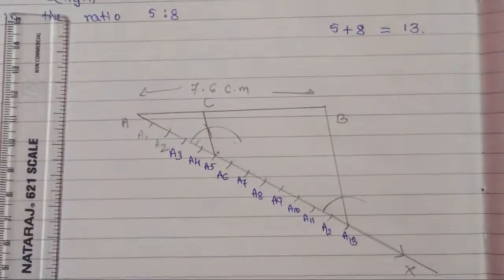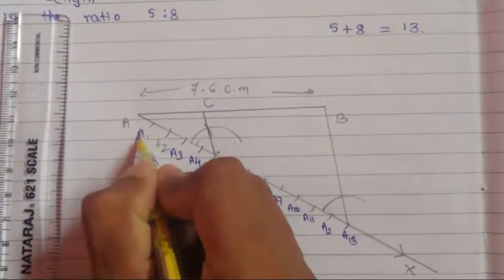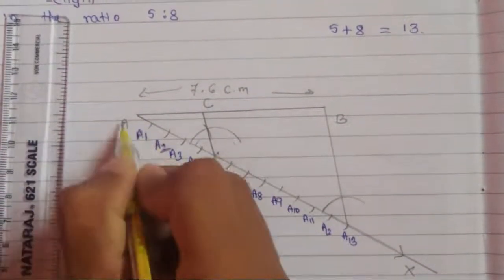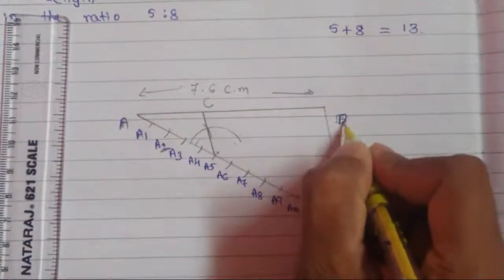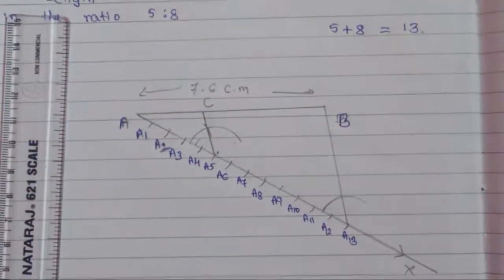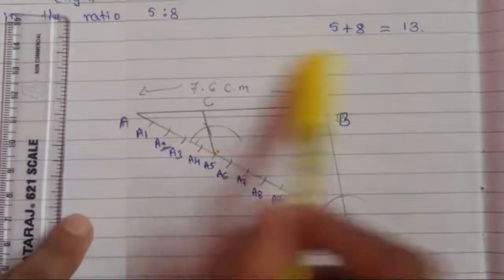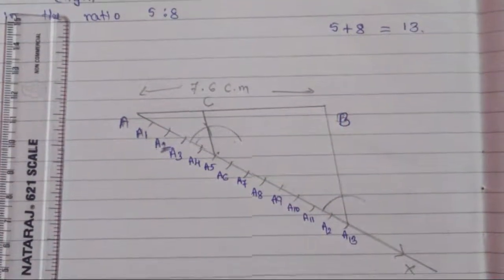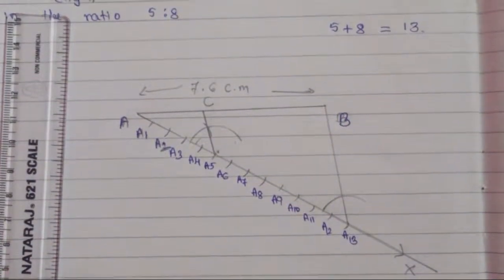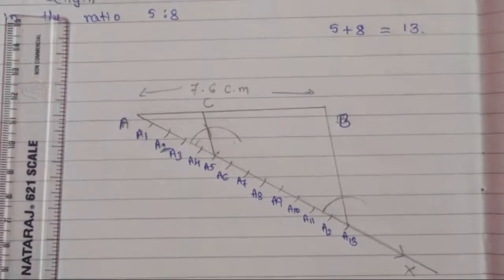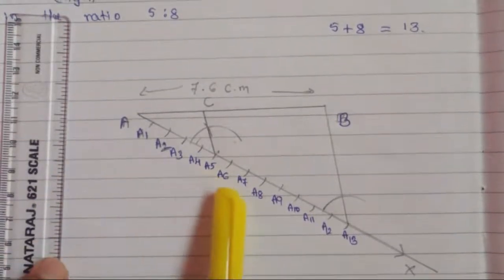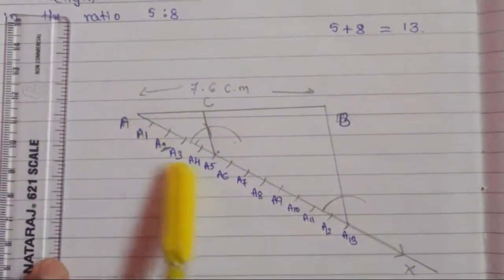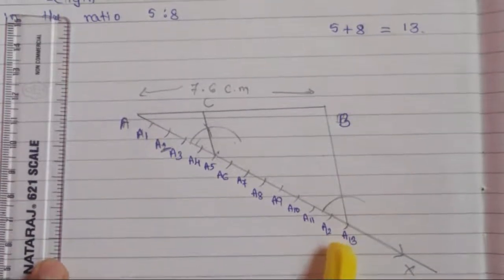So once again I will explain. We draw one line AB of 7.6 centimeter. Then we add the two ratios, 5 plus 8, which gives 13. Then we draw an inclined line and mark 13 points of equal length.